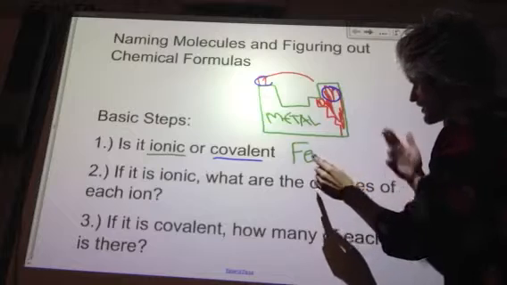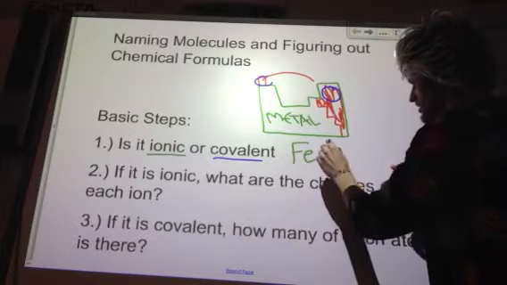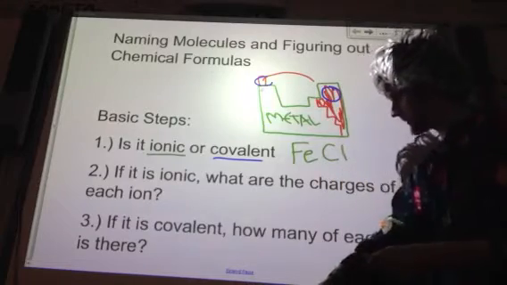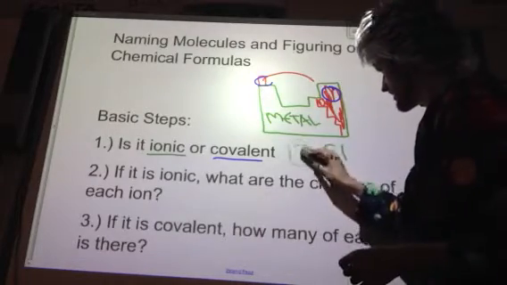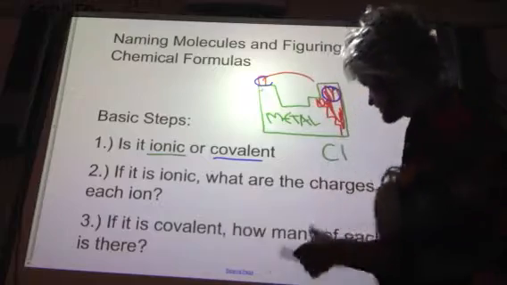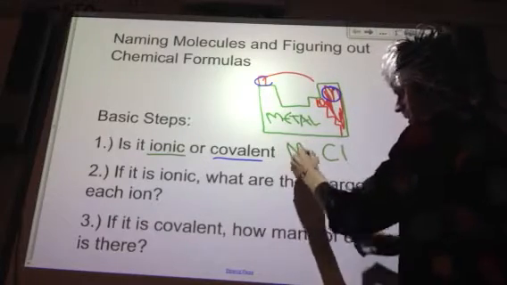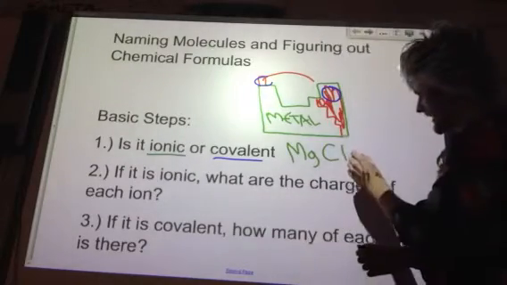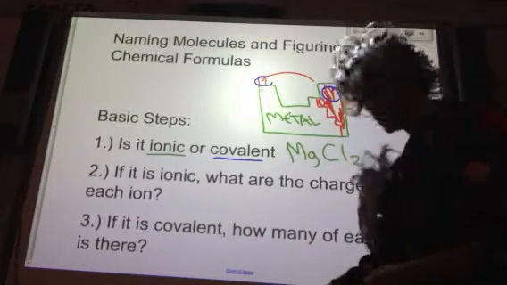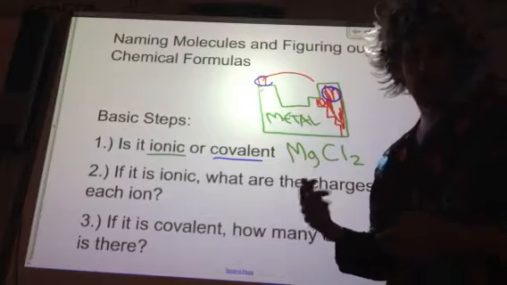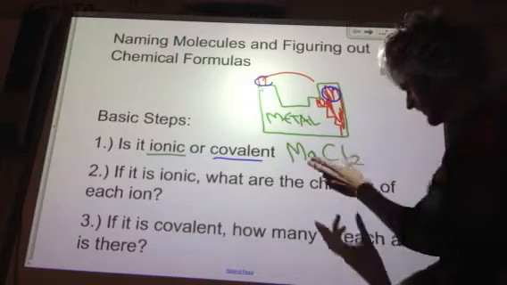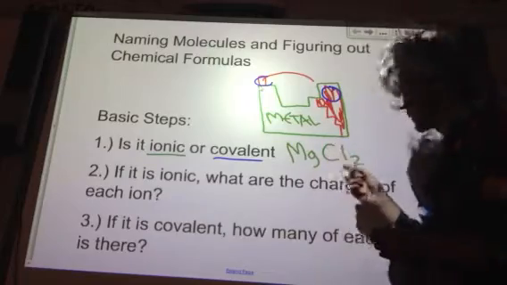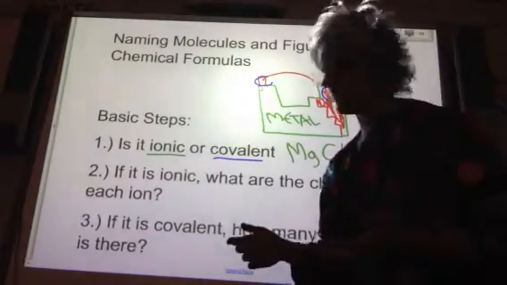And let's go with Cl. No, let's scratch that. We've seen this one before. Mg, magnesium, and Cl2. I presented it earlier. Magnesium and chlorine, right? Cl is chlorine, Mg is magnesium.